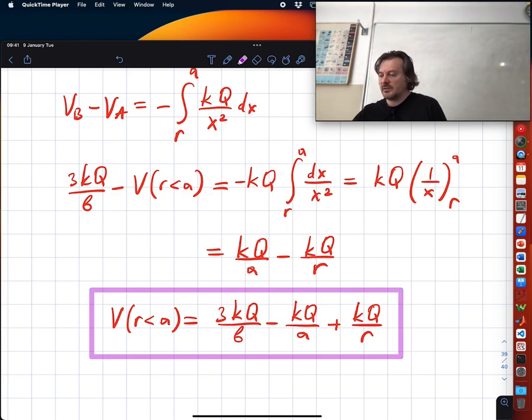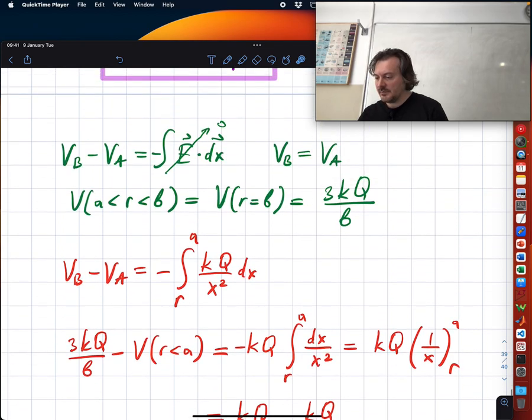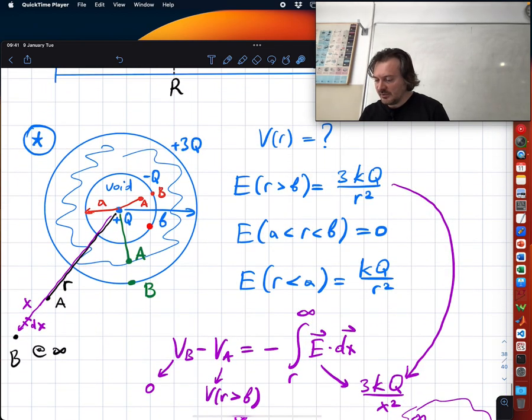So it's simply kq over r, but with a coefficient that makes sure the other potentials check out. Right at A, this needs to cancel that one so that 3kq over B is recovered. Do you follow this? Because right at this edge, it has to be 3kq over B.